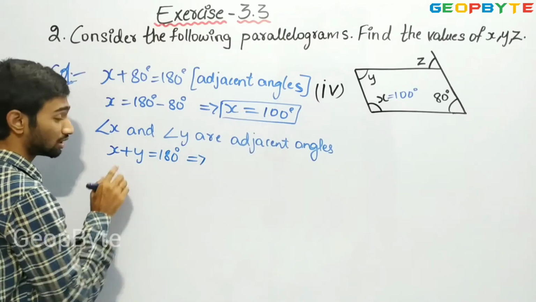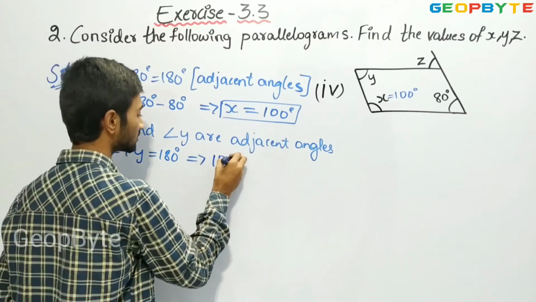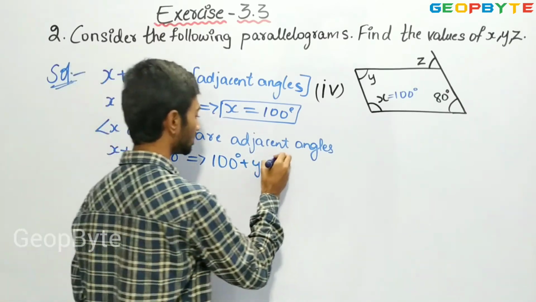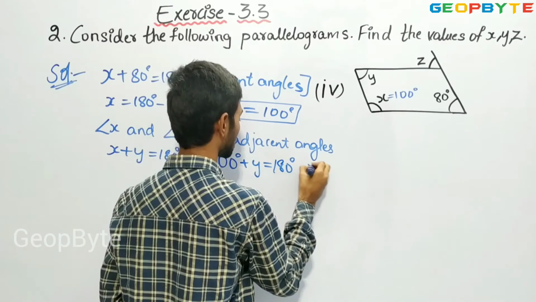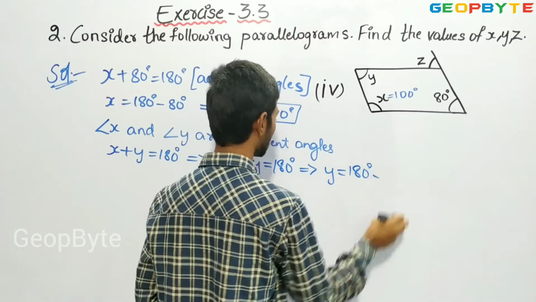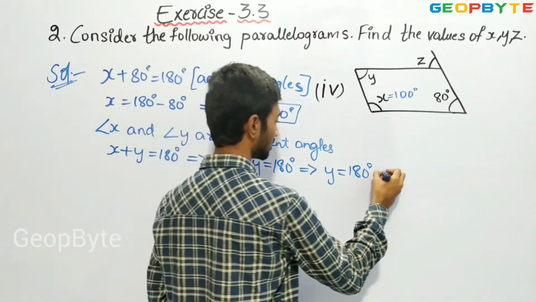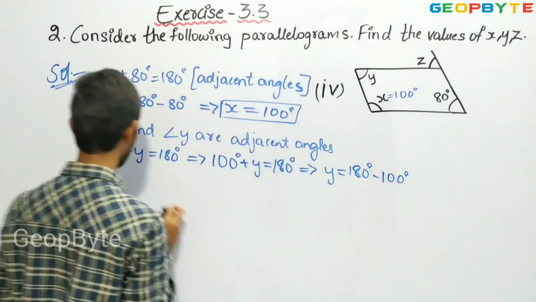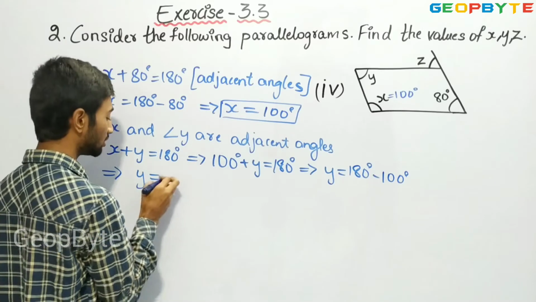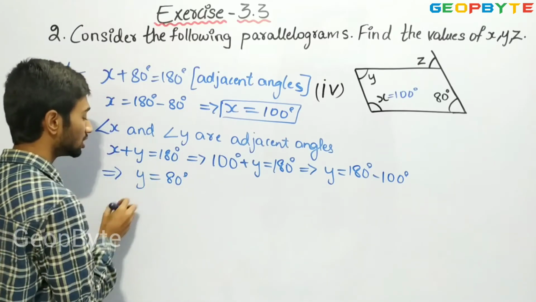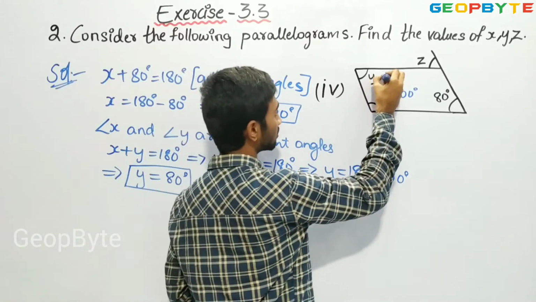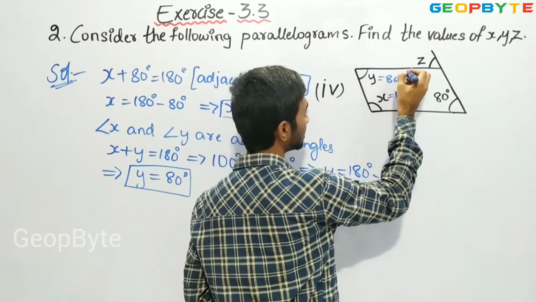So in the place of x, we will write 100 degrees. So 100 degrees plus y equals 180 degrees. That implies y equals 180 degrees minus 100 degrees, which is 80. So we got y equal to 80 degrees. So this angle is equal to 80 degrees.